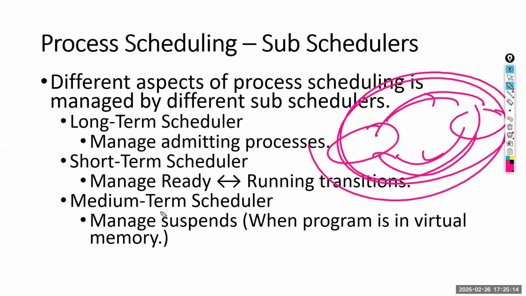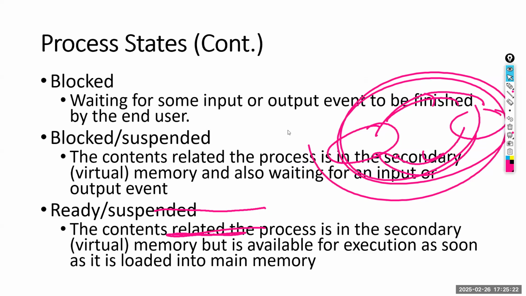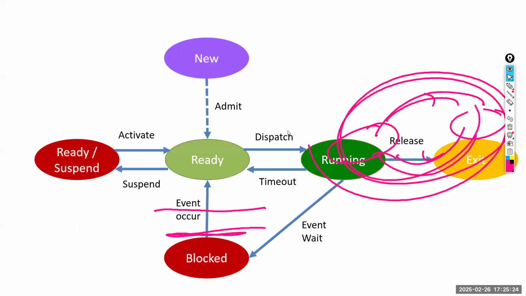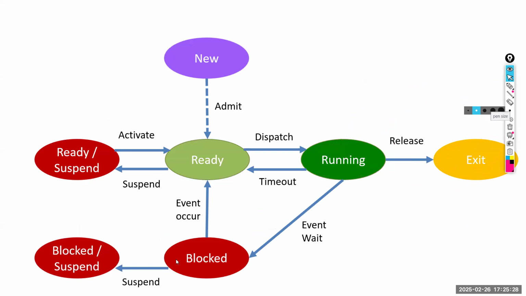The medium-term scheduler manages the suspend situations. The suspend situation is when the program is in the virtual memory. So when to take a process to suspend? Of course, there are two possibilities: ready to suspend and block to suspend. And when to take it back to the ready or block state.